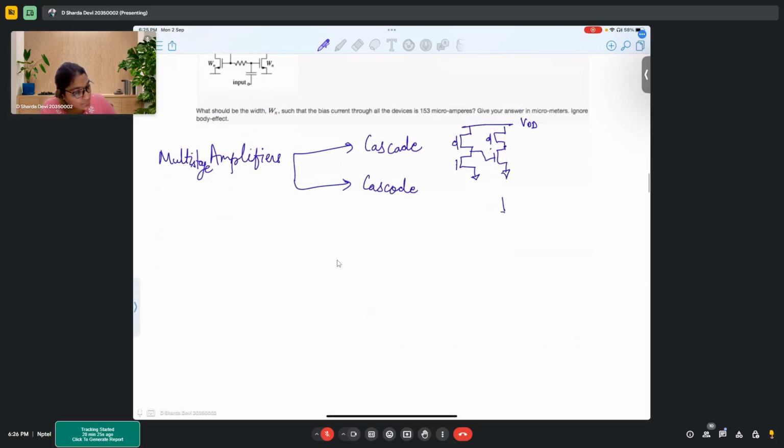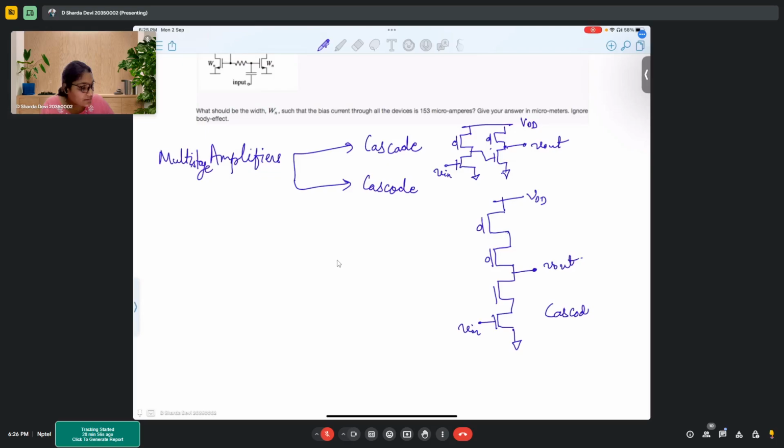But now when you have this type of scenario, let's say you have input here, this is output. You give input over here and you take output from here. So this particular case is known as cascode.